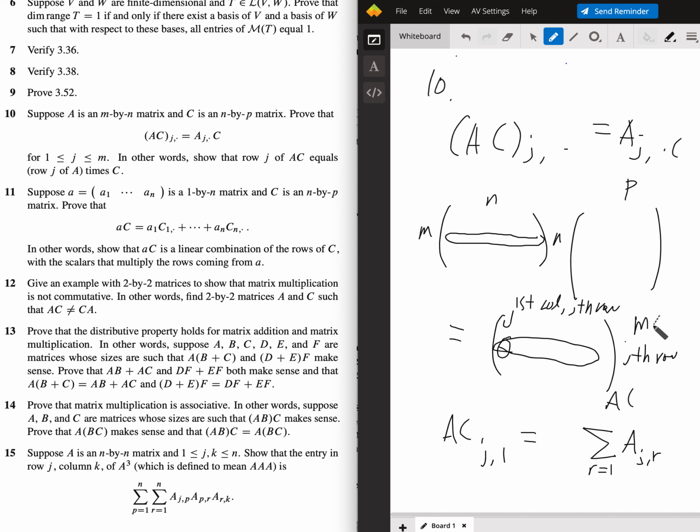So the matrix that is going to end up is m times p, so up until p, times the rth row of C, and then column 1, right?